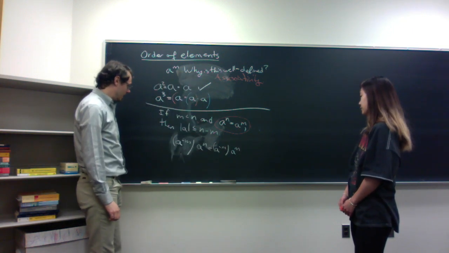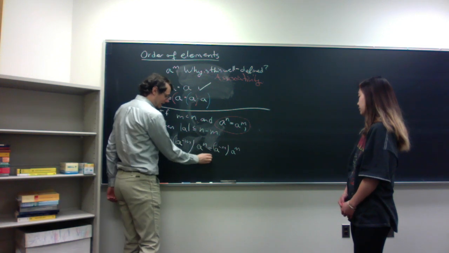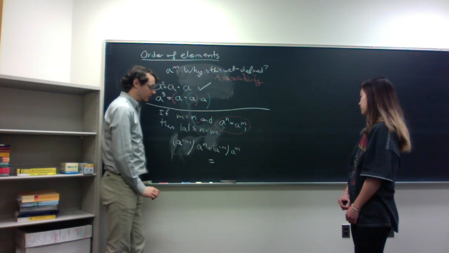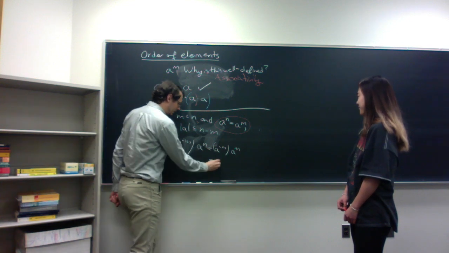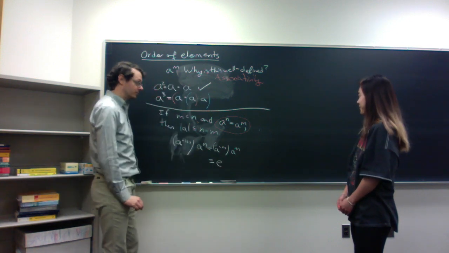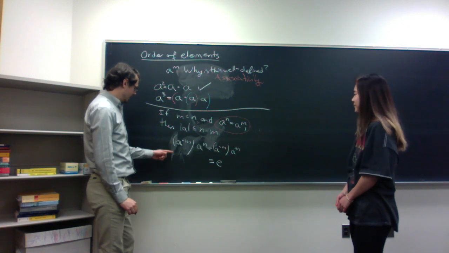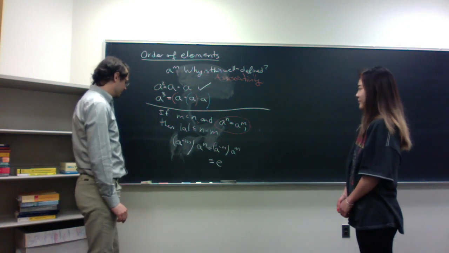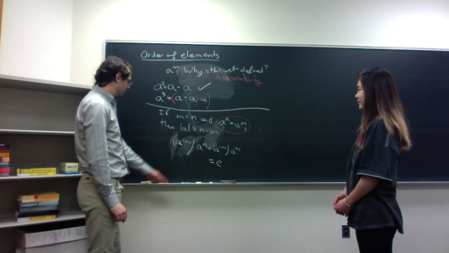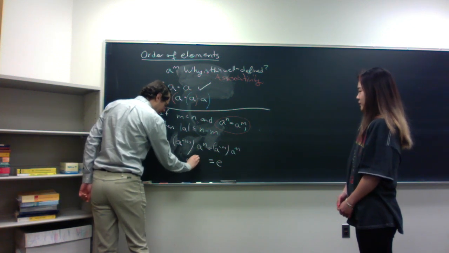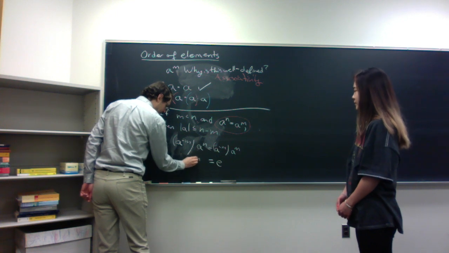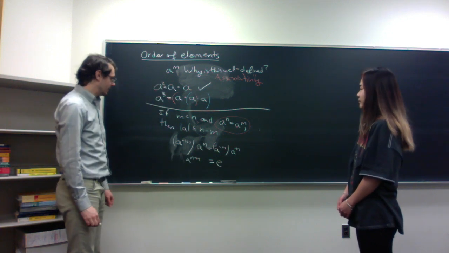On the right side, I know exactly what I get. It's e, the identity element of my mysterious group. And on the left side, n is bigger than m, so I'm going to get a to the n minus m, which is some positive number up on the top.